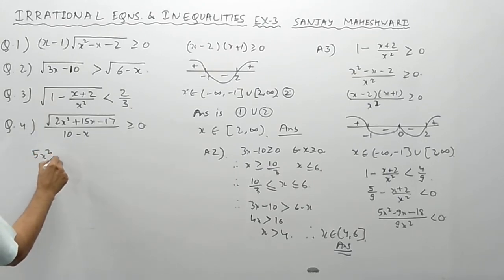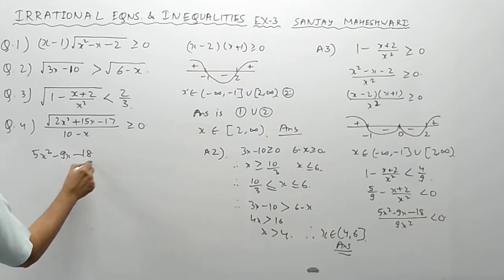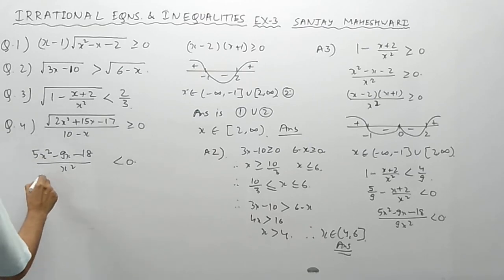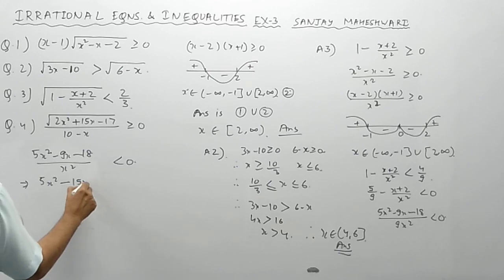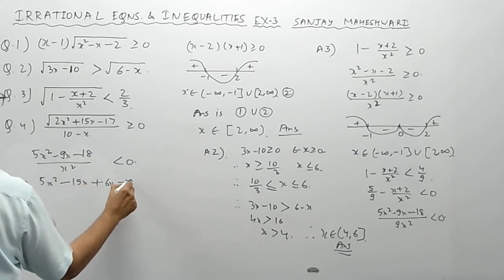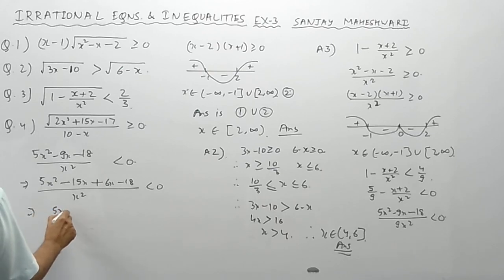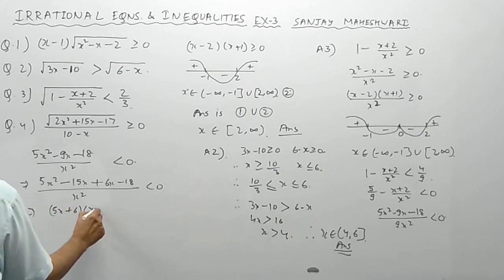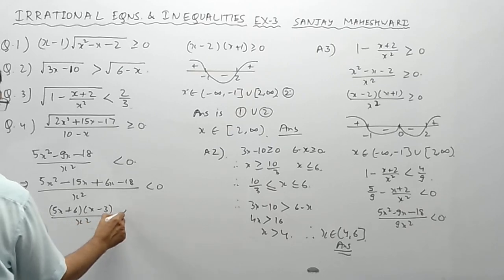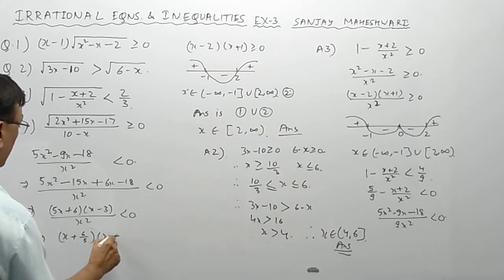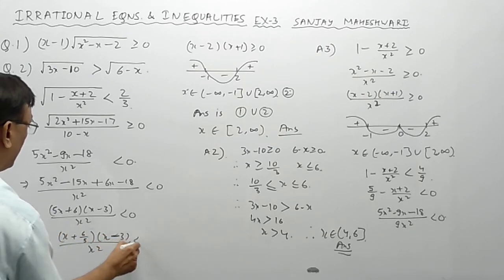This is (5x square minus 15x plus 6x minus 18) divided by x square less than 0. This gives us (5x plus 6)(x minus 3) by x square less than 0. Therefore (x plus 6 by 5)(x minus 3) by x square less than 0.